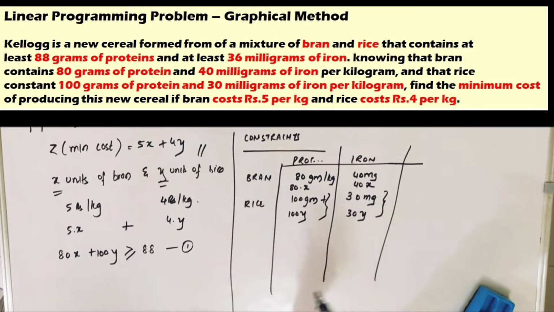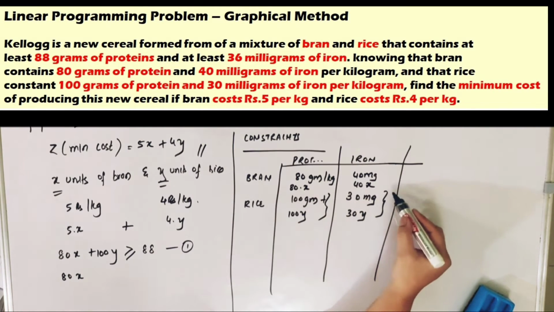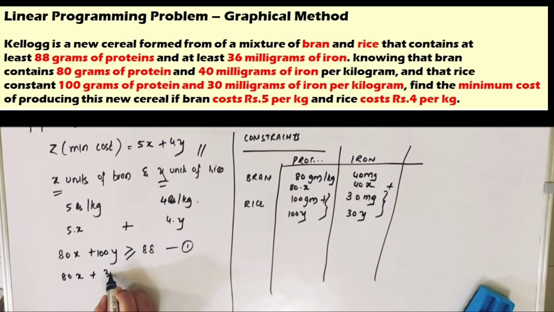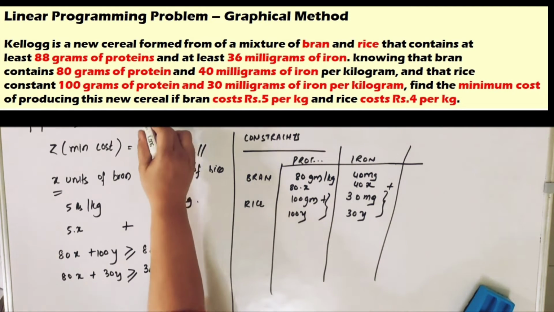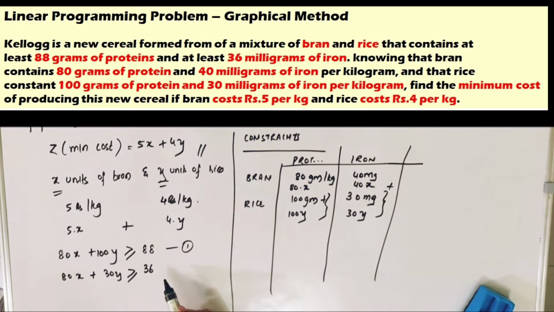Constraint number 2 is 40x plus 30y, which again should be greater than or equal to 36, because a minimum of 36 mg of iron is required per kg. Also, X should be greater than or equal to 0 and Y should be greater than or equal to 0, because there cannot be negative quantities of bran and rice.